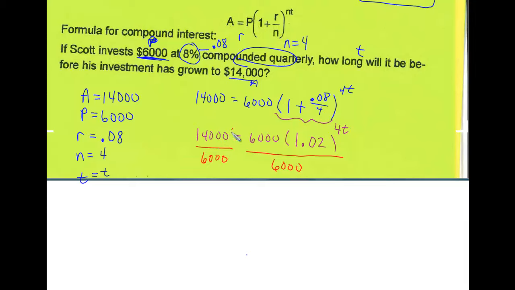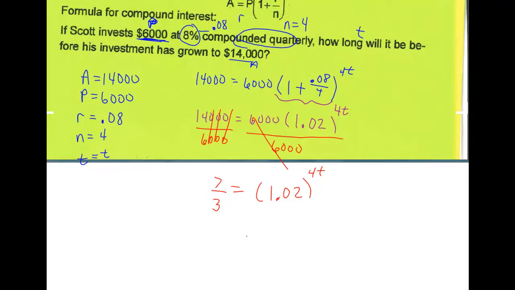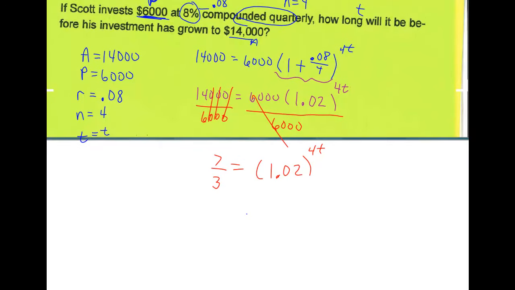On the left-hand side, reduces to 7 over 3. 2 goes into 14, 7. 2 goes into 6, 3. On the right-hand side, we have 1.02 raised to the 4t power. Now I've got the same problem I've been working with since we started this lesson.